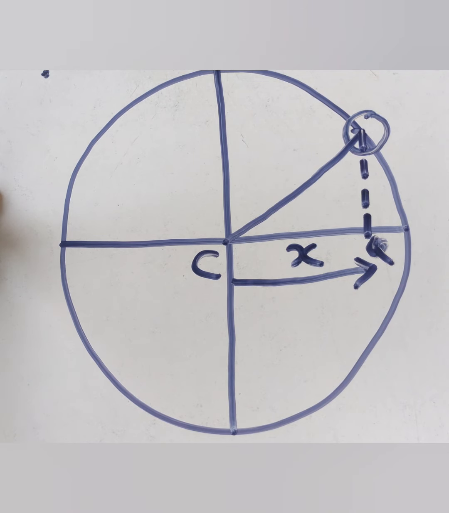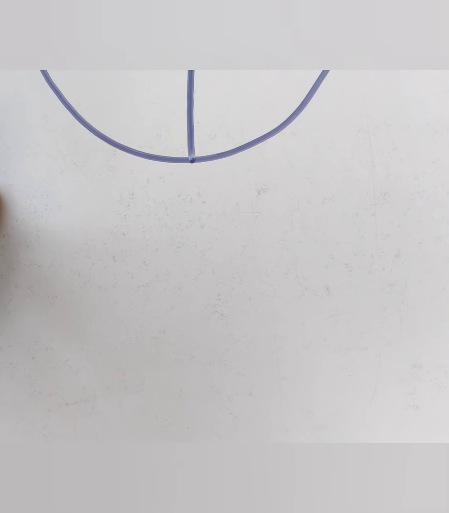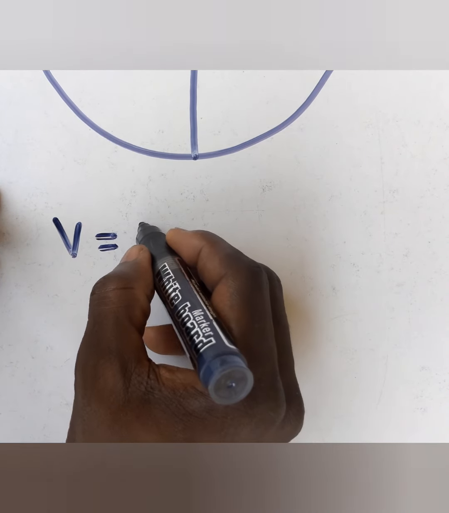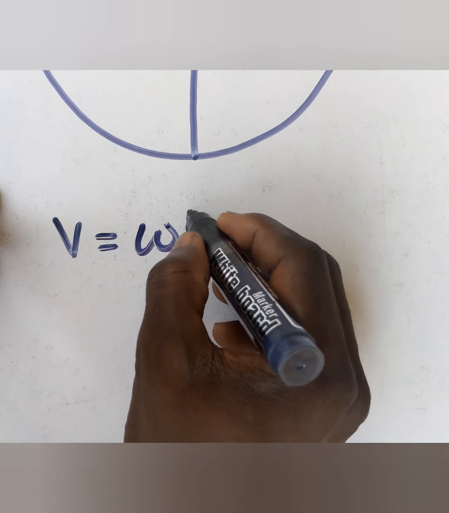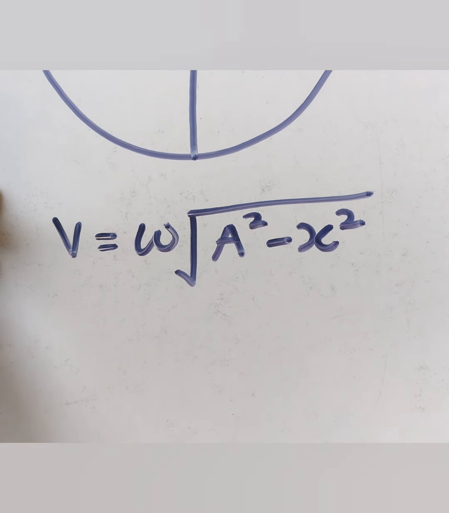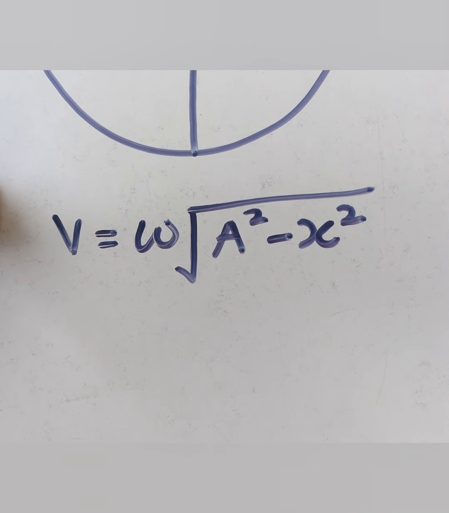If I want to get the linear velocity of this object that has x horizontal distance from the center of the circular path, I will use the formula V is equal to omega square root of a squared minus x squared.